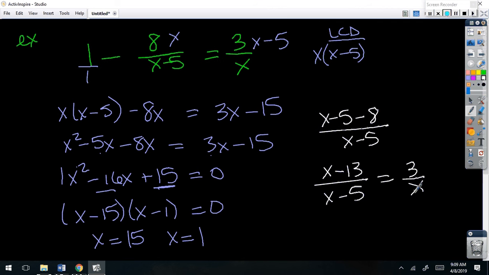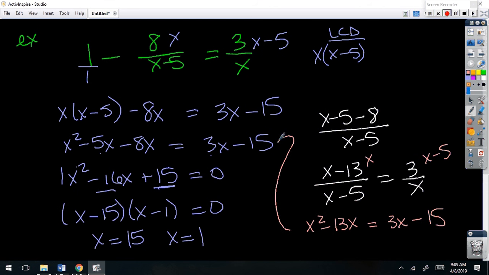All right, so this is what it looks like if you simplified the left side first. So then the first one needs an x, and this one needs an x minus 5. So I'd get x squared minus 13x equals 3x minus 15. So I'm back at the second step here.